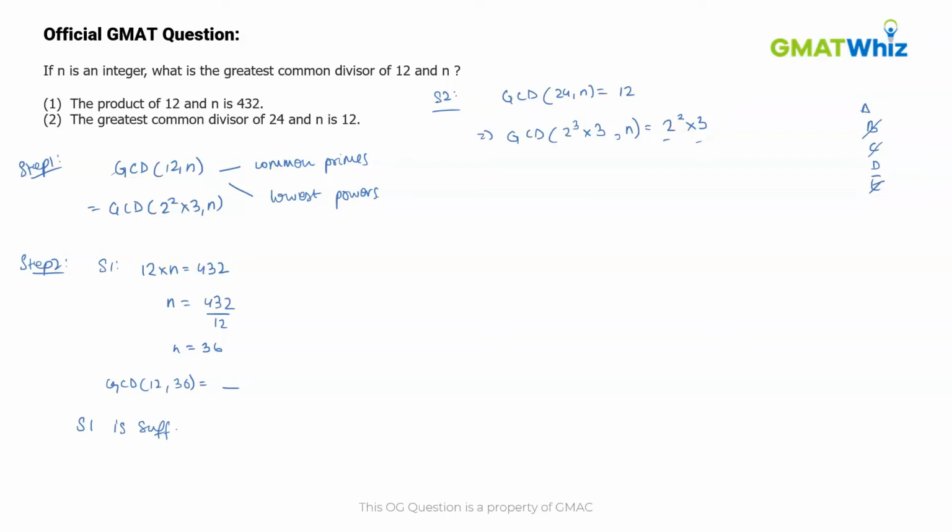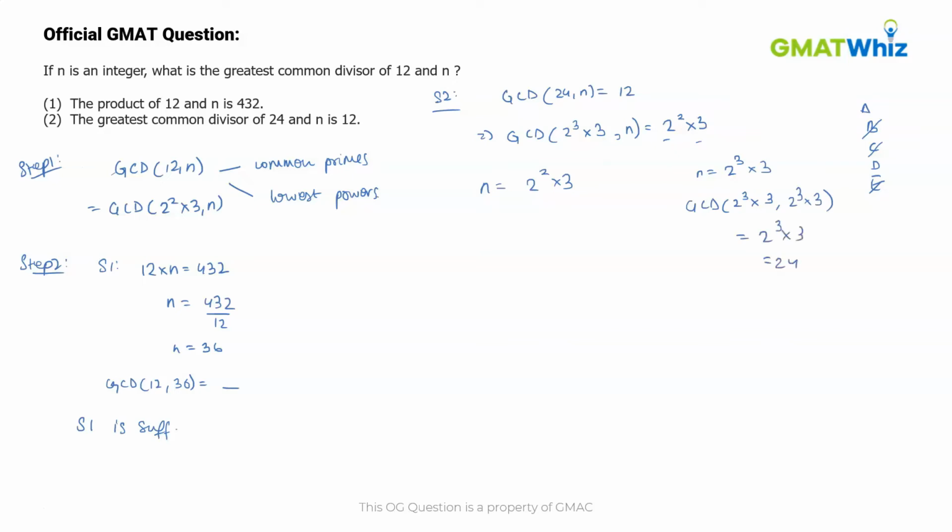Let's understand how to find the value of the GCD. Now, since we know that the value of the GCD has 2 and 3 as prime factors, the value of n will be a bare minimum of 2 squared multiplied by 3. n cannot be equal to 2 cube multiplied by 3, because in this case the GCD of 2 cube multiplied by 3 and 2 cube multiplied by 3 would be equal to 2 cube multiplied by 3, which gives us 24.